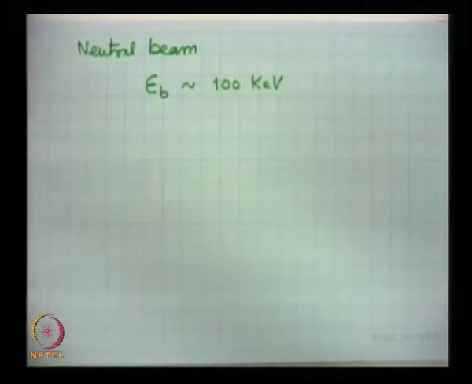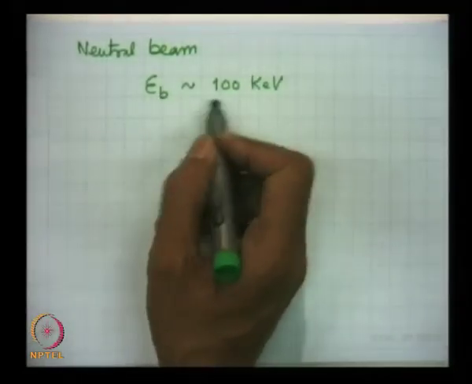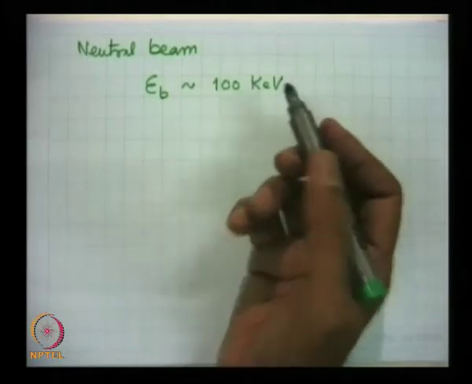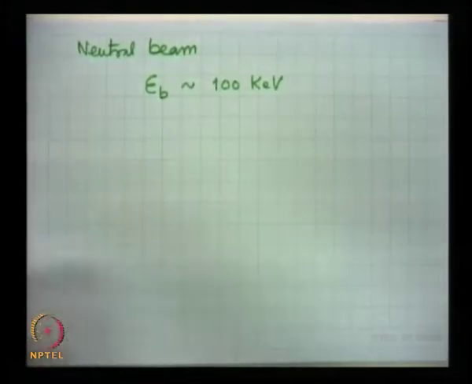Normally people produce deuterium beams or hydrogen beams, neutralized deuterium typically, and the beam energies are around 100 keV or less, 80-90 keV, something like that. That is the kind of beam energy.